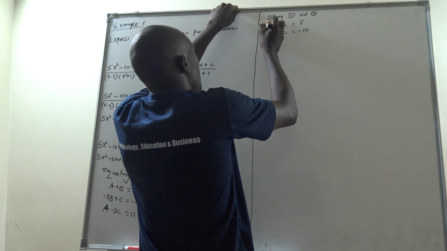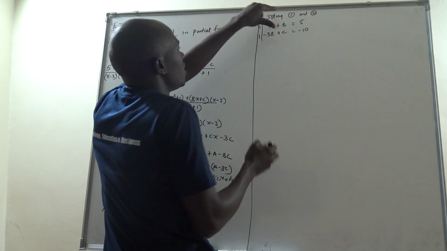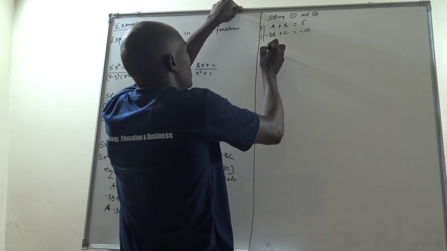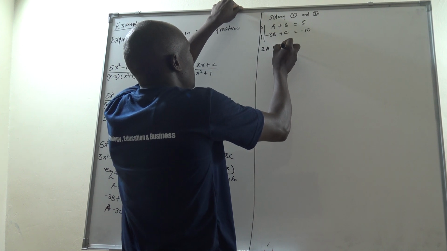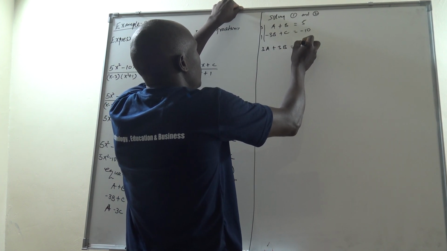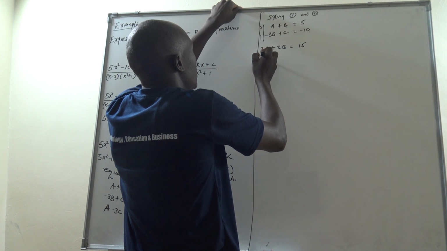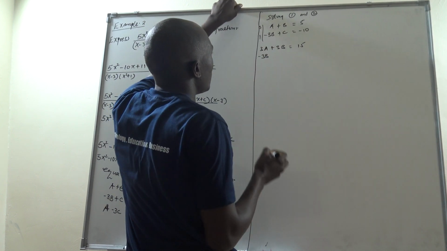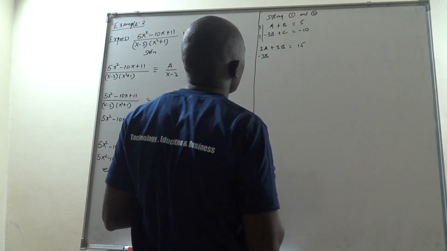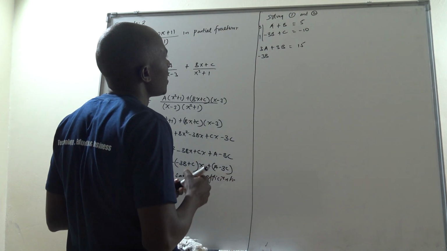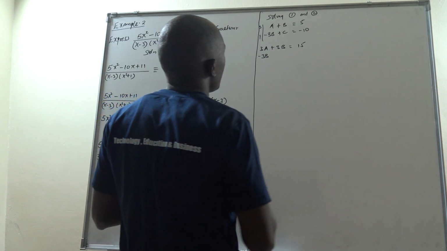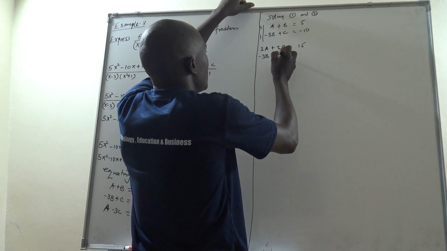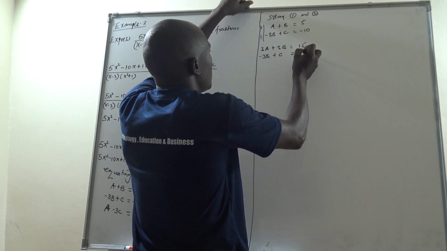I'm going to put a 3 up, then a 1 down. 3 times A, I'm having 3A + 3B = 15. And the second equation, −3B + C = −10.